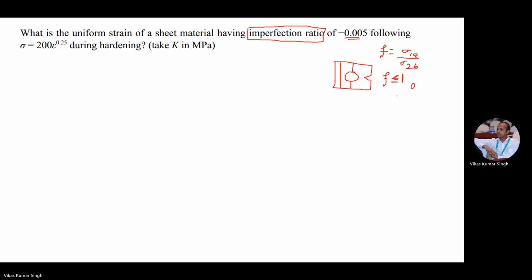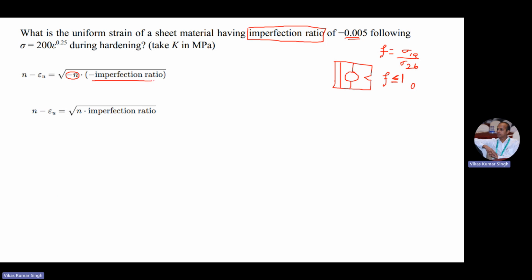Coming to the solution, n is the strain hardening exponent, and epsilon u is the uniform strain. The formula is epsilon u equal to n minus the square root of minus n times the imperfection ratio.